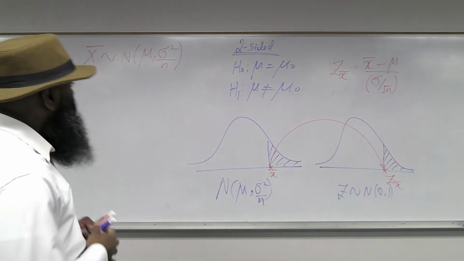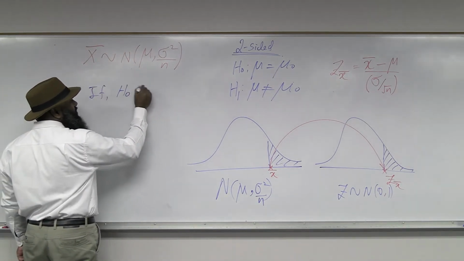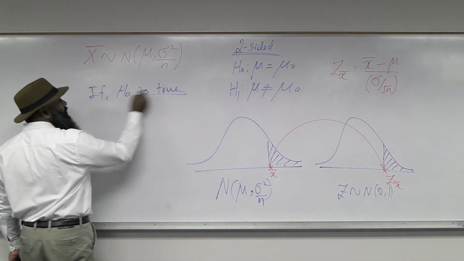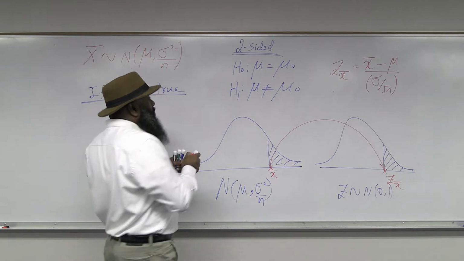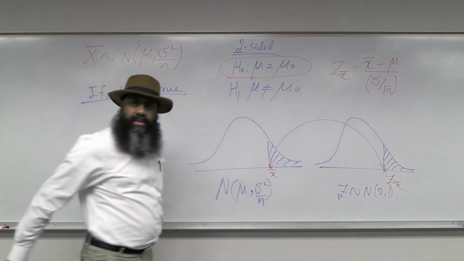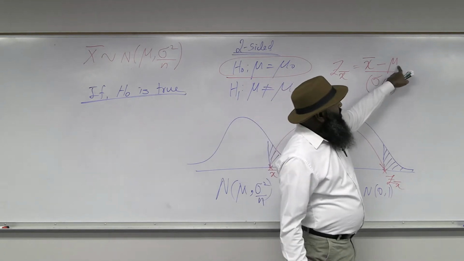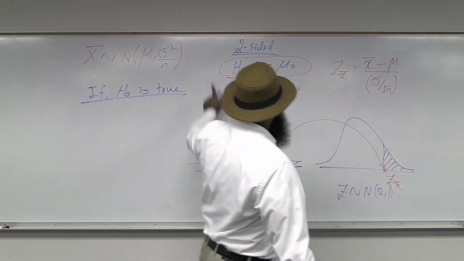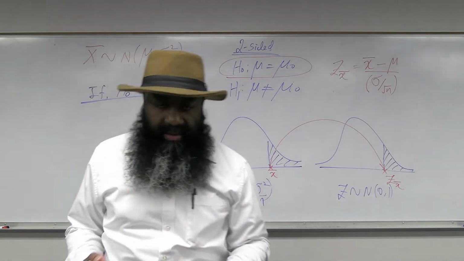If your null hypothesis is true, if H0 is true, now H0 says that mu is equal to mu0, right? So I can write this as mu0 if my assumption is true. But I have to test that.